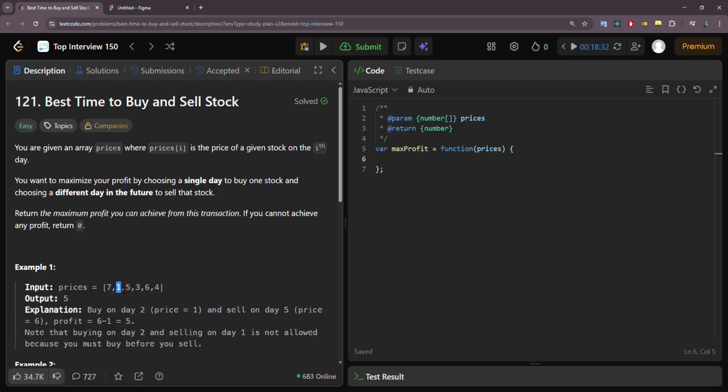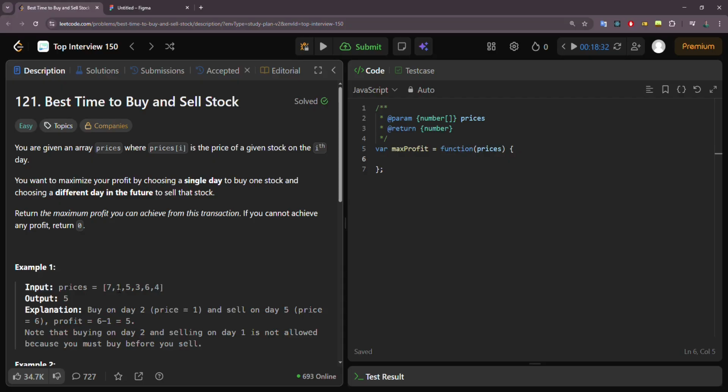But if you buy the stock at the second day and sell it at the third day, you are going to win $4 because you bought it at 1 and sold it at 5, so there's a profit of $4.